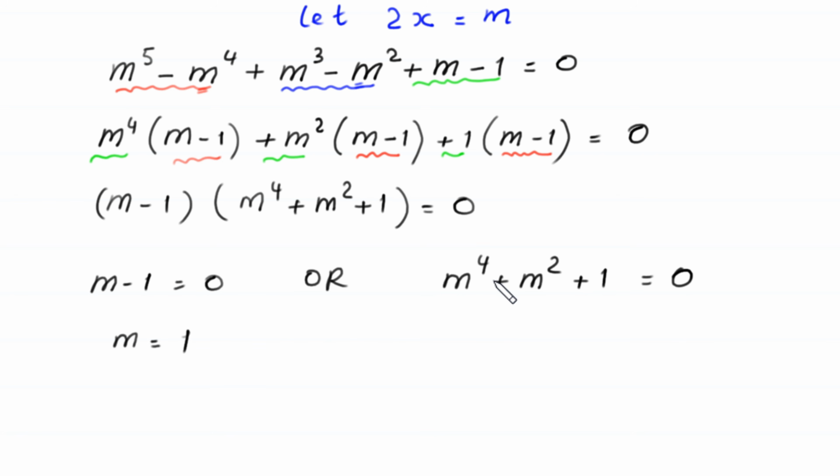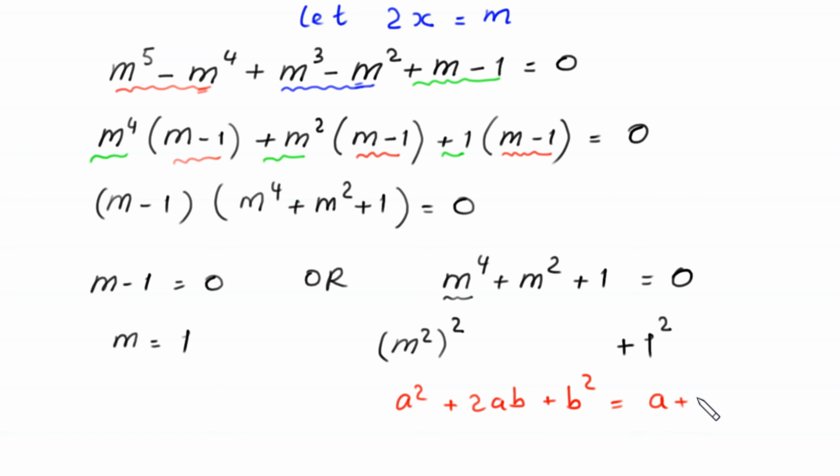From this equation we can write m to the power 4 as (m squared) whole squared, plus we can write this one as 1 squared. Now we want to make this a perfect square. According to this algebraic identity, a squared plus 2ab plus b squared is equal to (a plus b) whole squared.